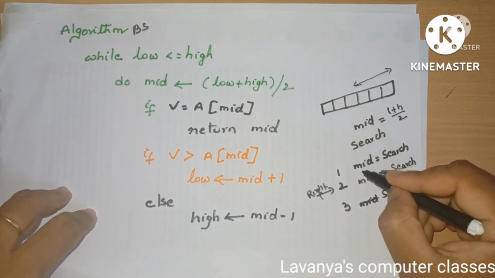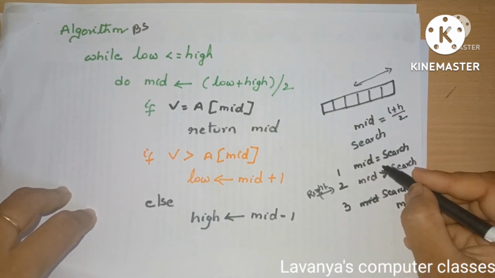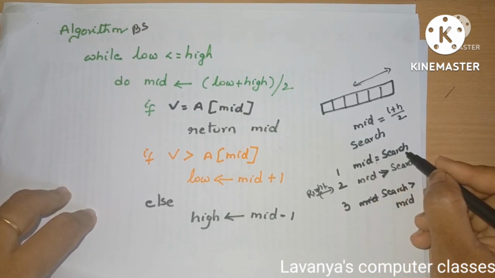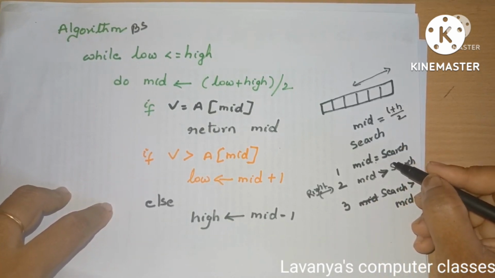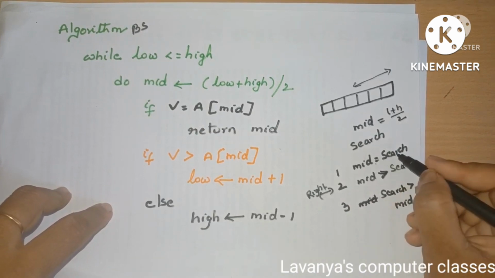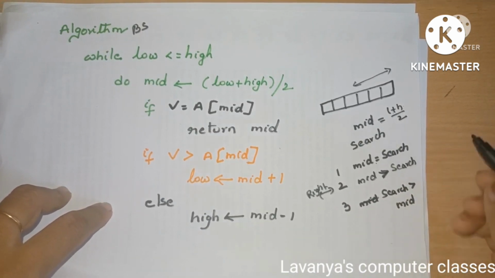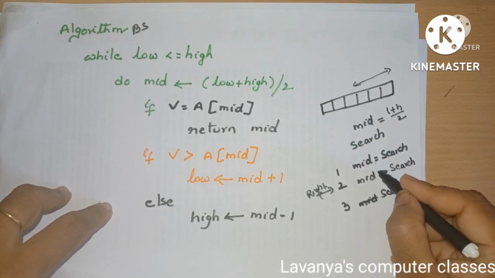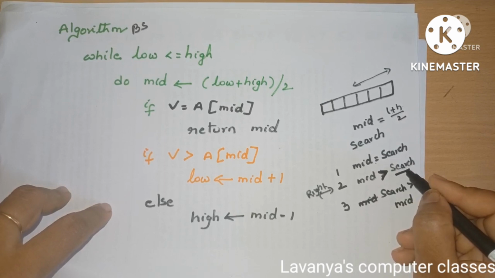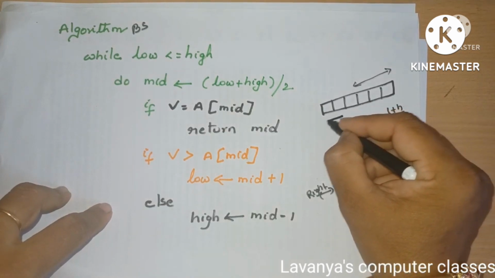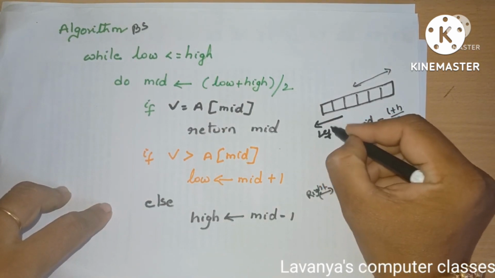We require three points. First, if the middle element and search element are both the same, then it is a successful search and the element is found at the middle position. Then stop your procedure. Second, if the middle element is greater than the search element, that means the search element is smaller compared to the middle element, so go to the left hand side.